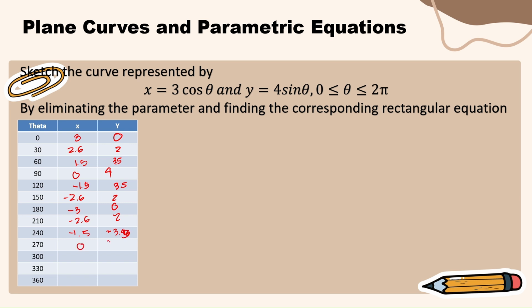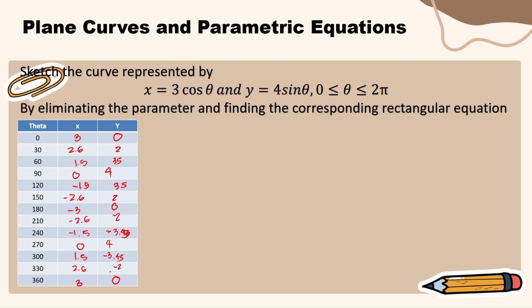Then 0 and 4, 1.5 and negative 3.45, 2.6 and 2, then lastly 3 and 0.